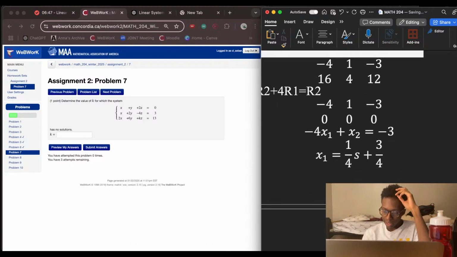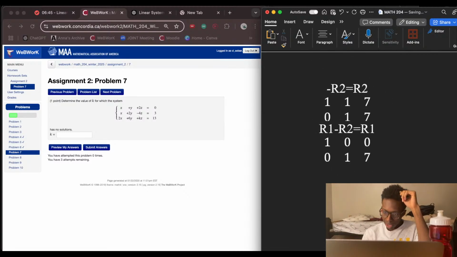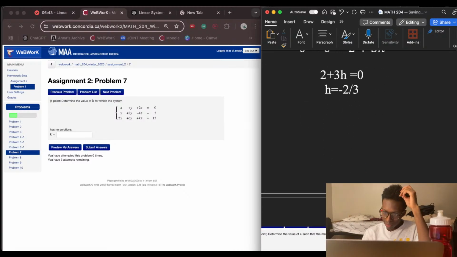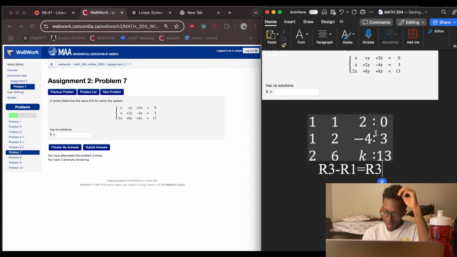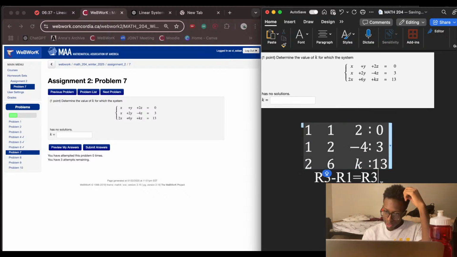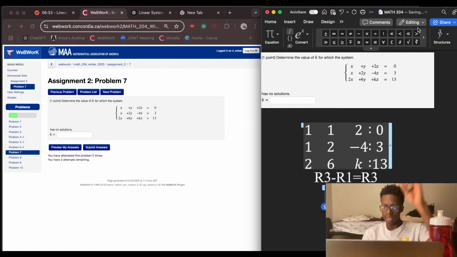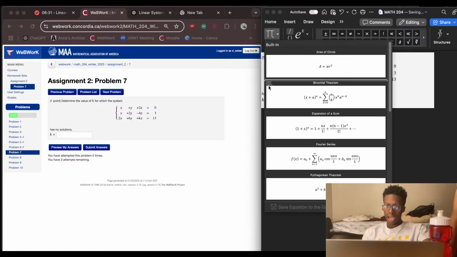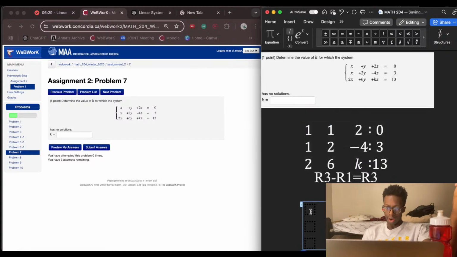So then we have all that done. And over here, 1, and then you bring down the row 1. And then the equation of our 3 by 3 augmented.